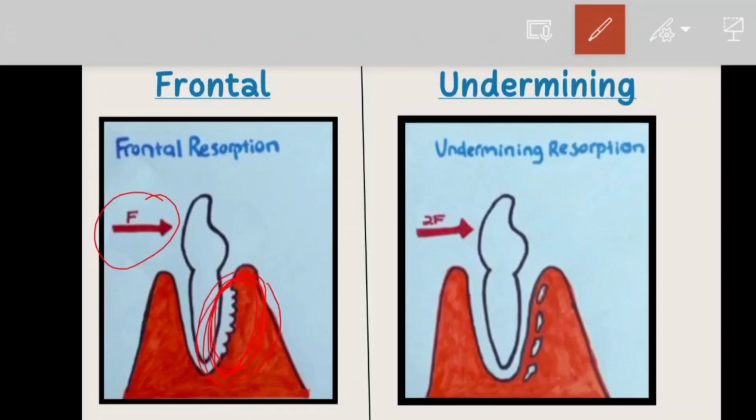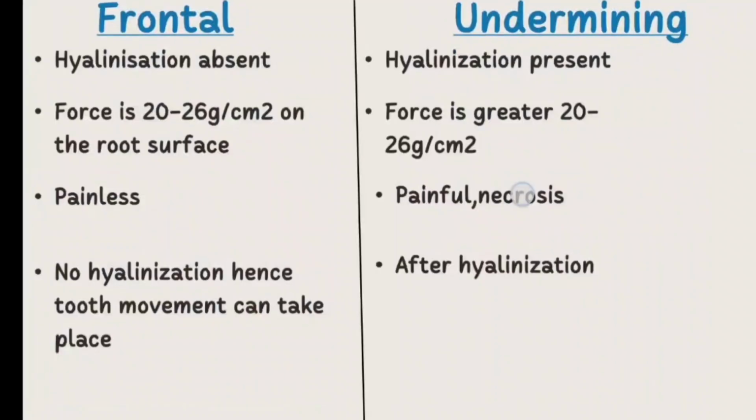While in undermining resorption, the PDL becomes severely compressed and the blood vessels are blocked, a hyalinized area develops and the osteoclasts appear in the marrow space. So here the bone is removed from underneath. The key point is bone is removed indirectly from the marrow side before the tooth movement can continue.